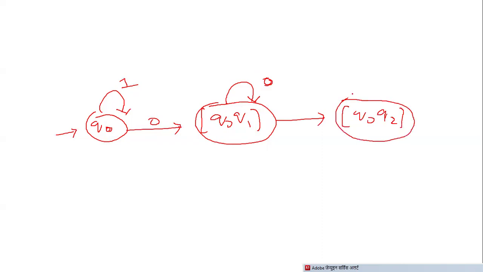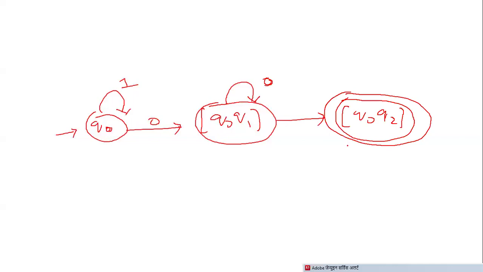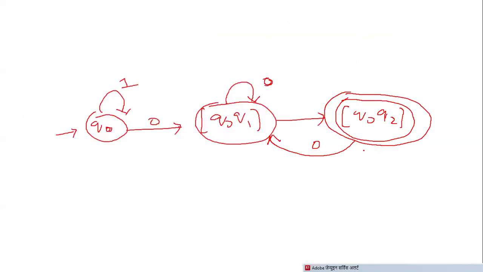And this is the final state, so put a double circle. And for {Q0, Q2}, if I give input 0, it goes to {Q0, Q1}. And if I give input 1, it goes to Q0, right? So this is the transition diagram for the DFA.